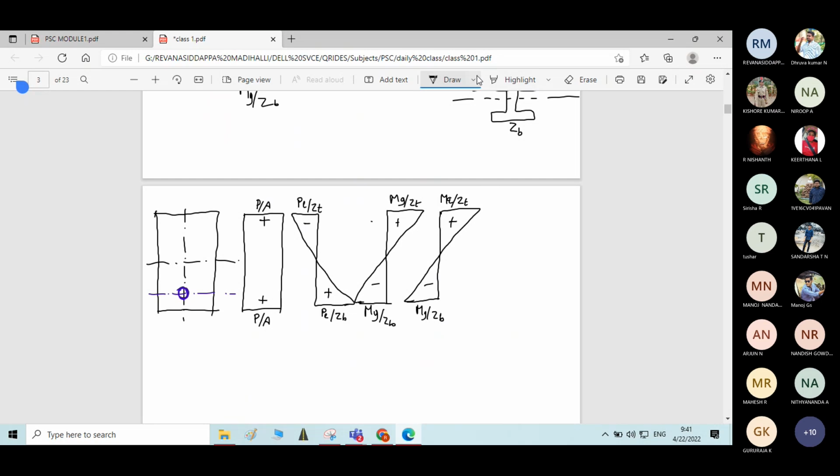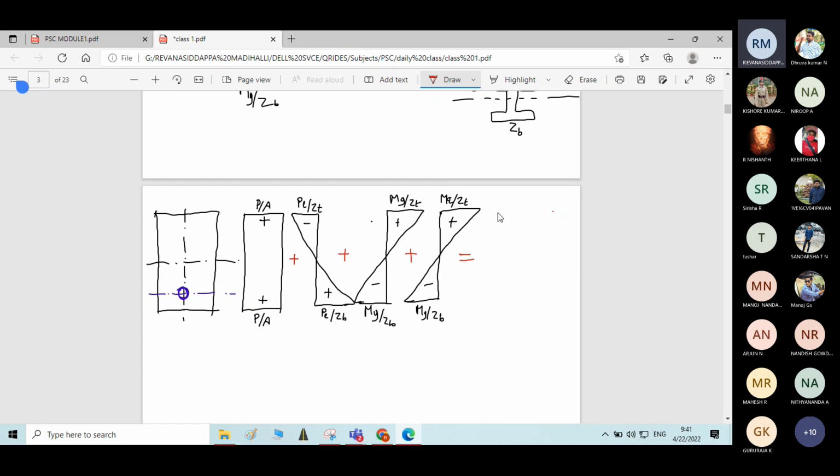Okay, so adding all the stresses, that is the direct stress due to the prestressing force, the bending stresses due to the prestressing force, the bending stresses due to dead load, and the bending stresses due to live load, we will get a resultant stress distribution diagram.